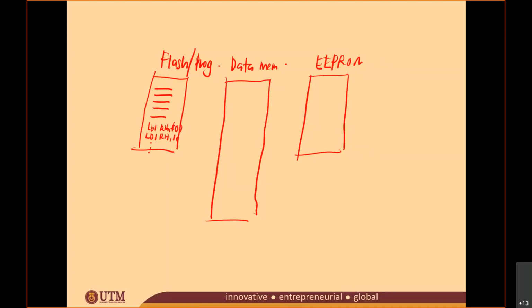For the data memory, kita boleh bahagikan dia kepada 3 bahagian. Satu, kita panggil dia sebagai General Purpose Register, I/O dengan RAM. Later in the next module, kita akan belajar more detail on this part lah.